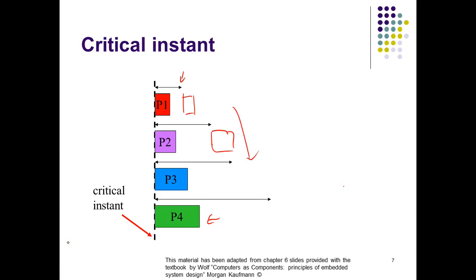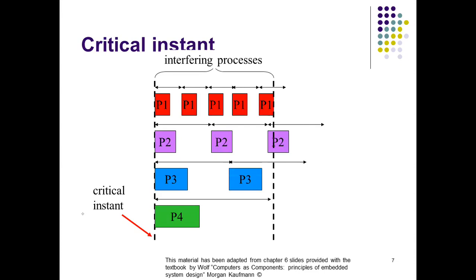Much easier to see if you just look at the plot. At the end of every period, P1 needs to execute, P2 needs to execute within each period. Now, if you're actually going to schedule it, P2 is going to have to fit in this gap. P3 is going to have to fit otherwise.